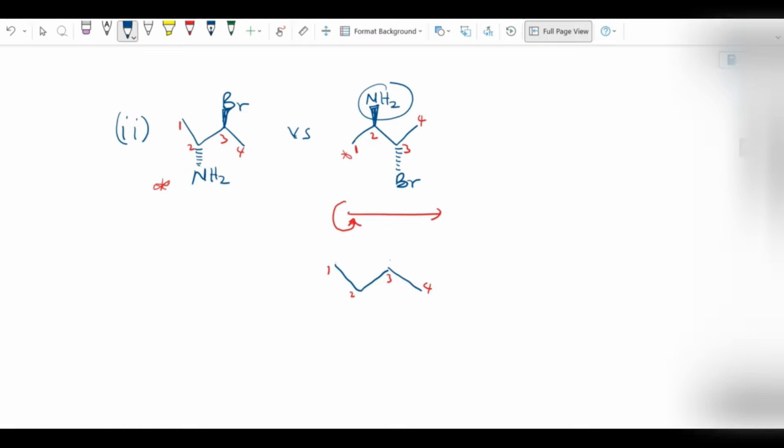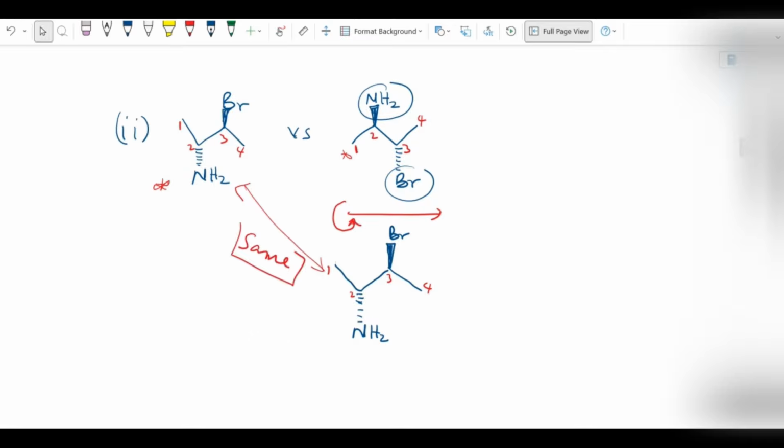Now the NH2 that is on a wedge bond on carbon 2 will now become a dash bond. And the bromo group that is on the dash bond will now become a wedge. It will now be on a wedge bond. So if you compare these two compounds, you will notice that they are exactly the same compound.